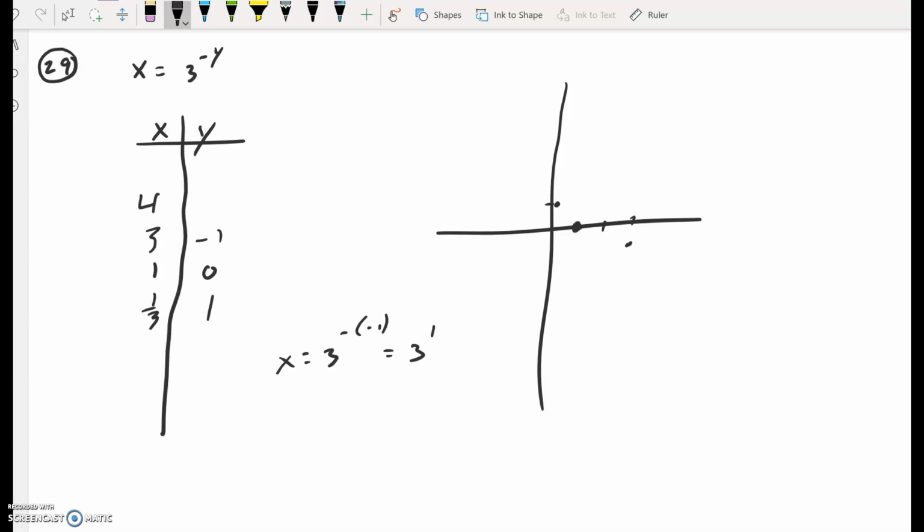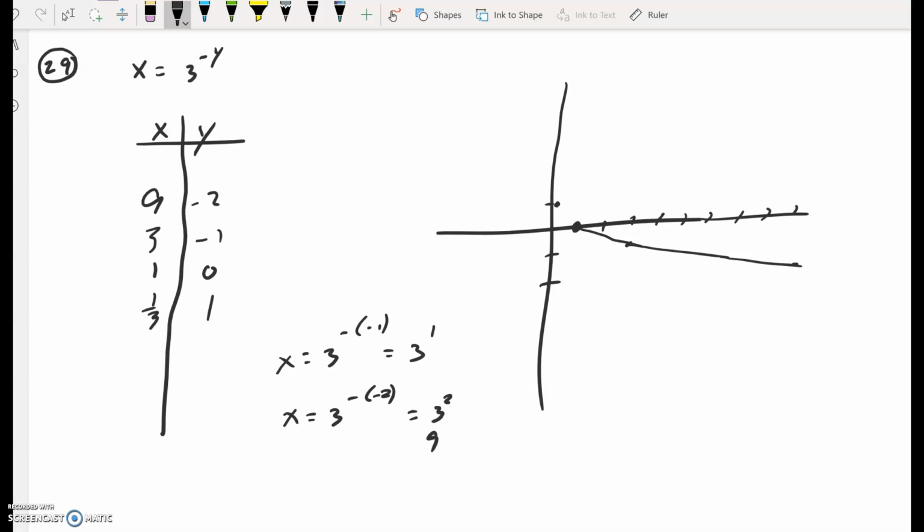Let's try 4. No, let's not try 4. 4 is ridiculous. Let's try negative 2. So we have x equals 3 to the minus negative 2. That's 3 to the second. That's 9. So we have 9, 4, 5, 6, 7, 8, 9. Negative 2. We're just sketching. Seems like it's going this way. So if this is an exponential, what do you think is going to happen over here when we go this way?